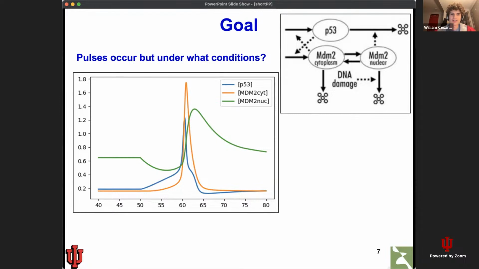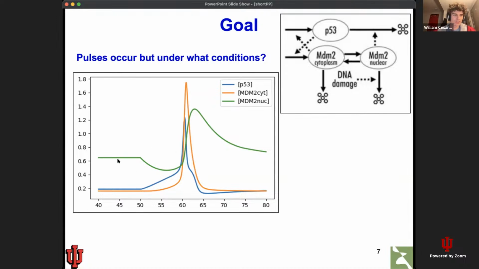But I think we figured out that we wanted to figure out the conditions at which pulses occur and at which they stop, and why.